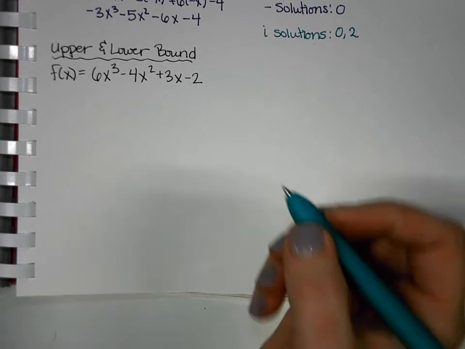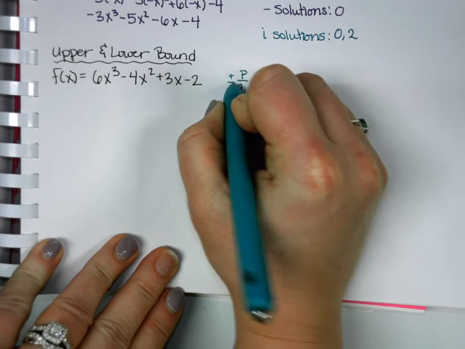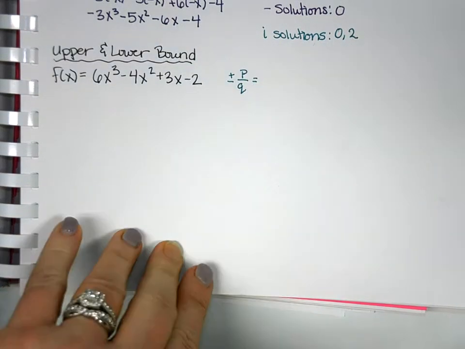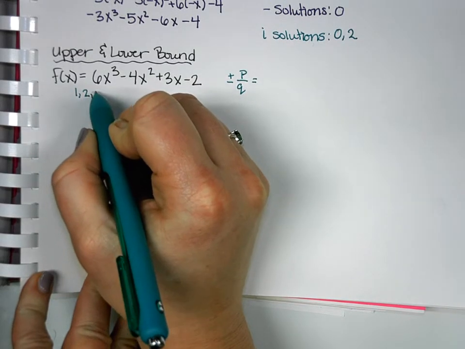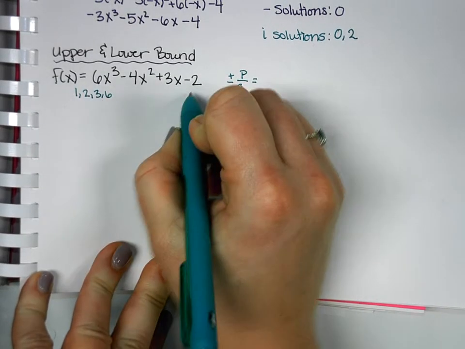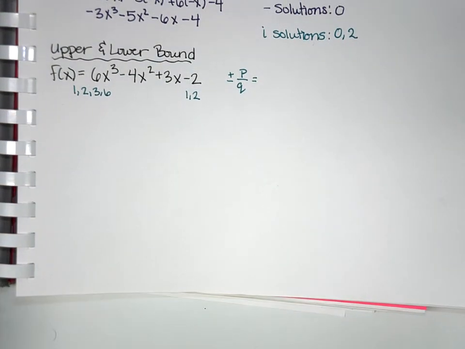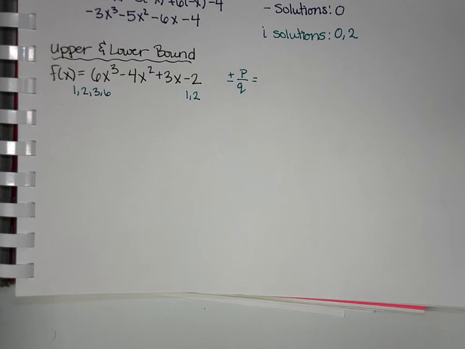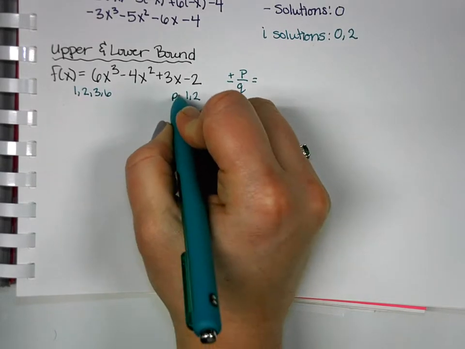I'm going to start by listing my P over Q's. My factors of 6 are 1, 2, 3, and 6. For 2, it's 1 and 2. If you remember from our rational roots, these are the P's, these are the Q's.